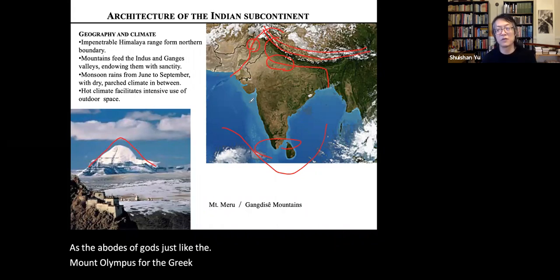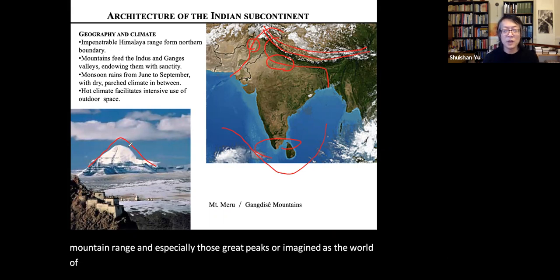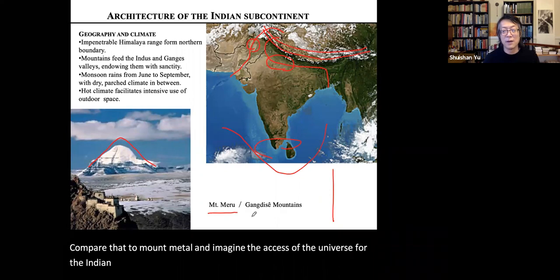Those Himalayan snow-covered mountain range, and especially those great peaks, were imagined as the world of the gods. Compared to Mount Meru, an imagined axis of the universe for the Indian cosmology, like the Ganges mountain.